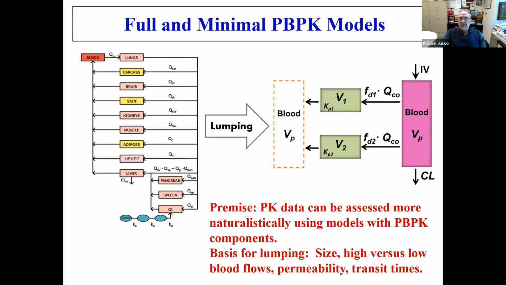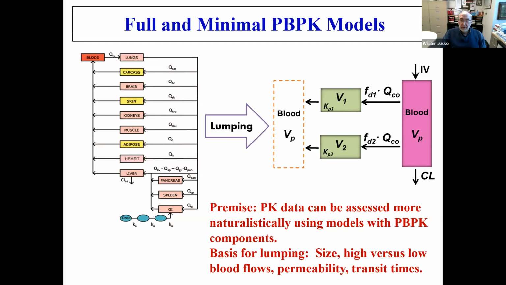But basically, we can simplify the complexity of the full model into the basic model that you see on the right. This is showing 3 compartments, blood and 2 tissue compartments, basically lumping all the tissues of the body into 2 major compartments. The model is structured just like a full model with blood flow coming in and out.